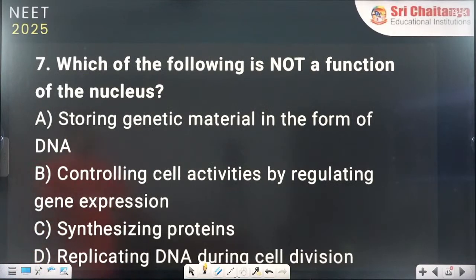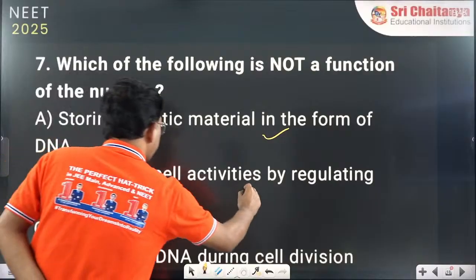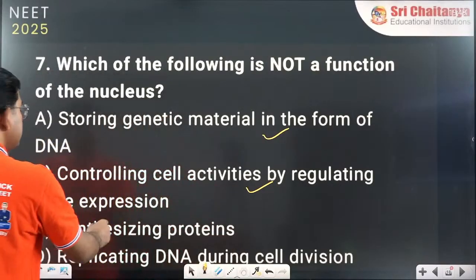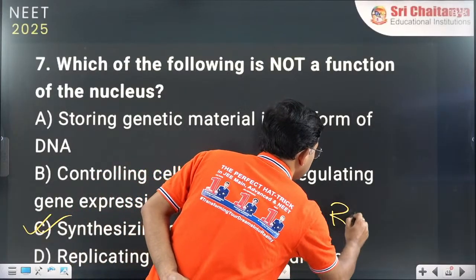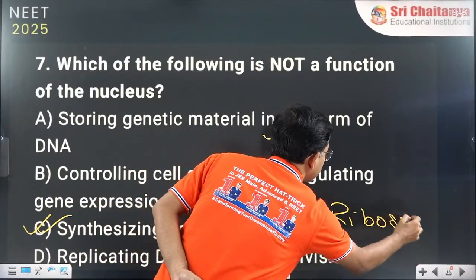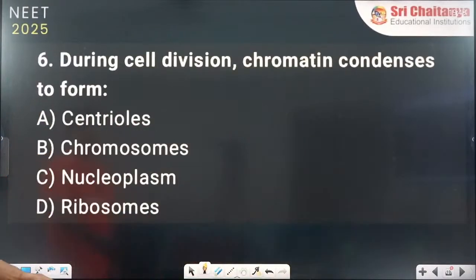Which of the following is not a function of nucleus? Storing genetic material, it is the function. Controlling cell activity, yes. Synthesizing protein is the function of ribosome, not nucleus. So this one is the right answer.